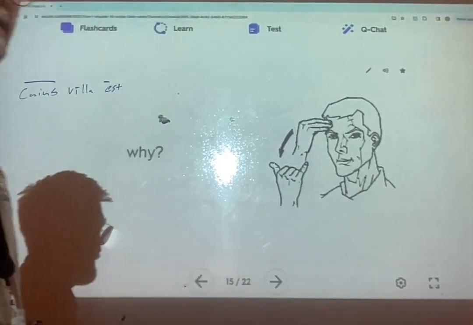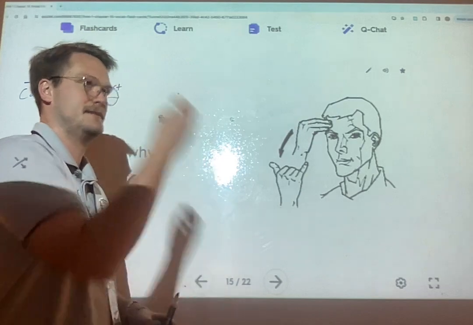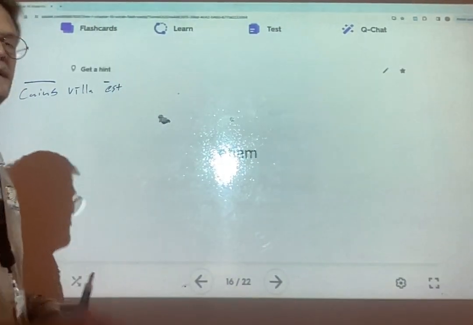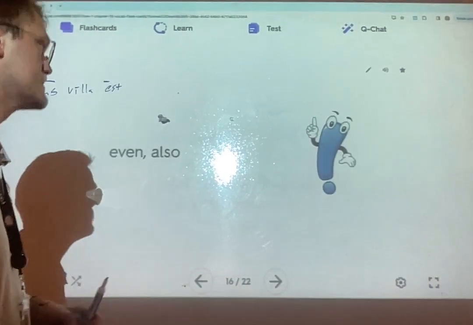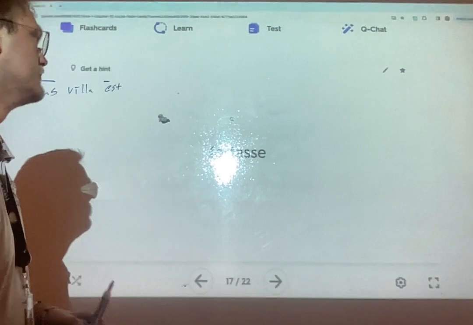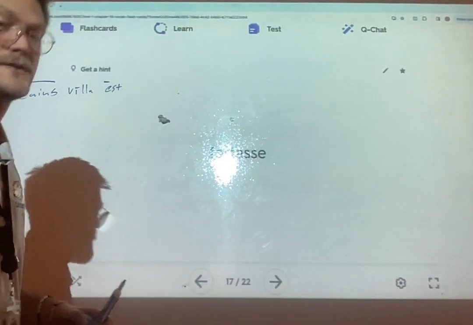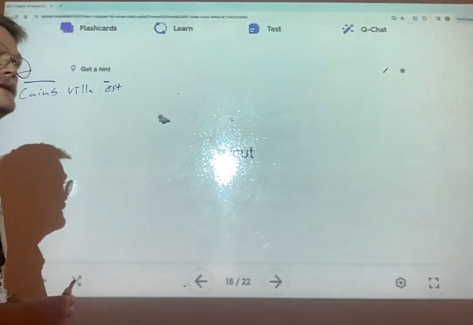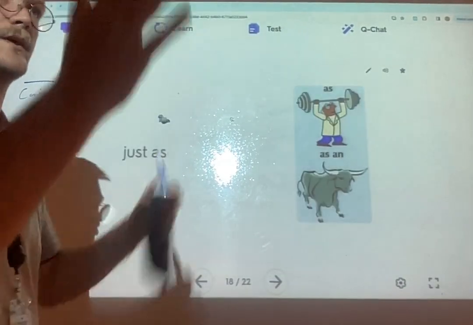So why? Have you all ever done sign language? Why? Good. Etiam. This means even or also. It's an adverb that means that. Fortasse means by chance or perhaps. Sicut means just as, so comparing two things.